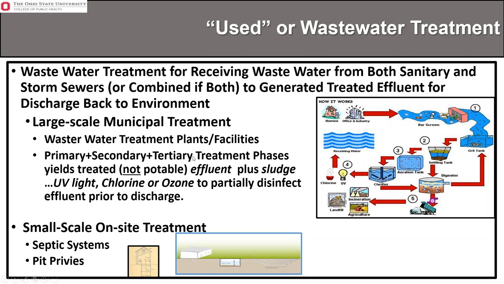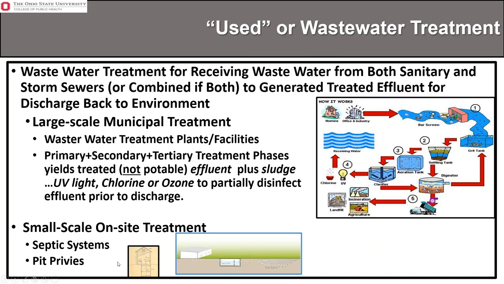That refers to the used water. You should know that it's usually UV light or chlorine or ozone. One of those is often used prior to discharge of the effluent. But that effluent, even with some level of disinfection, is not potable. And before I get to potable, just mentioning small-scale on-site treatment.